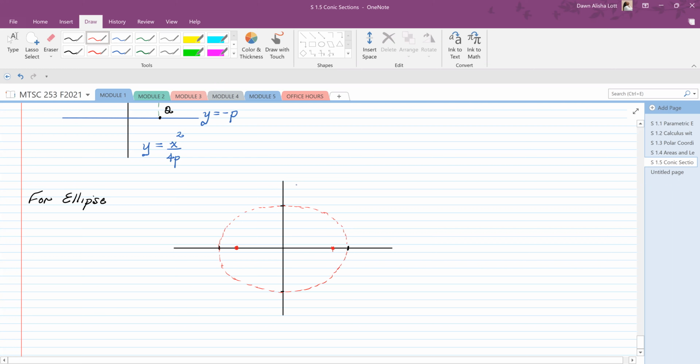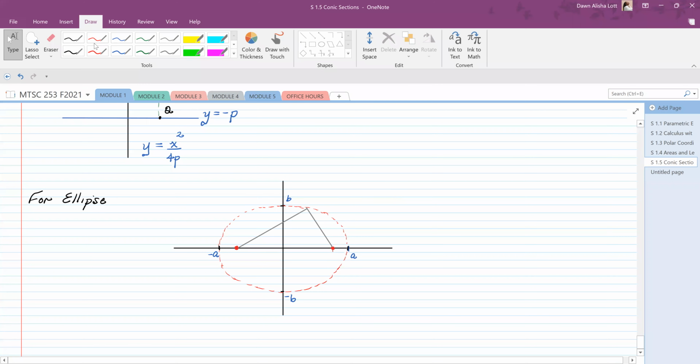If you remember, up here was B. This was minus B. This was A. This was negative A. Okay, and then for any point, we kept the sum of the distances constant.